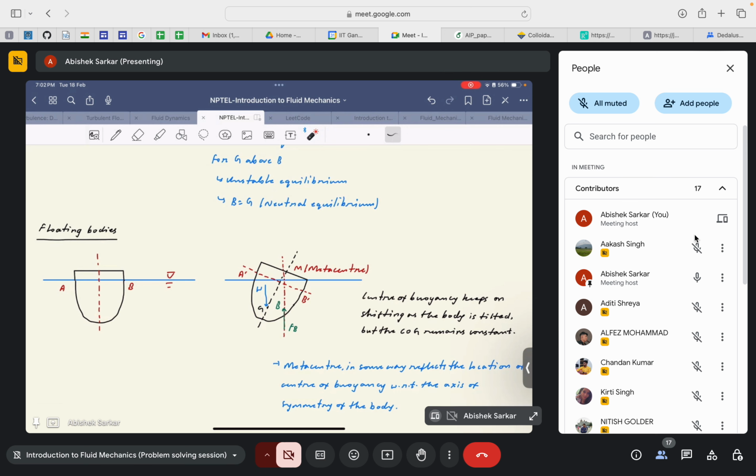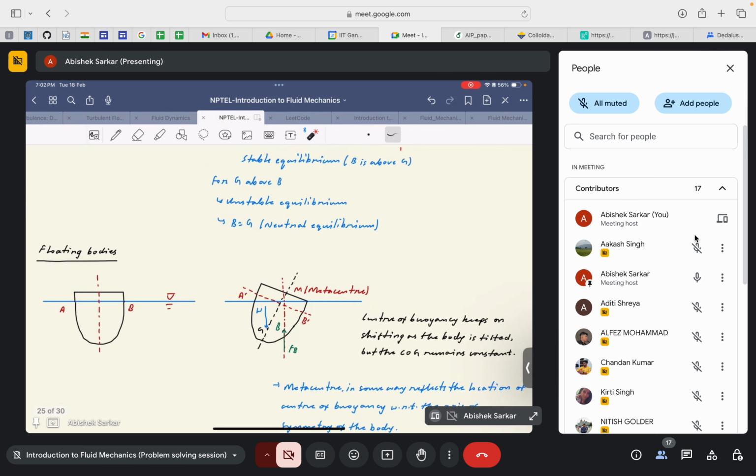But in the case of floating bodies, instead of center of buoyancy, there is another parameter that governs the stability. Floating bodies basically means that a part of the body is submerged in the fluid, that is, partially immersed. So we can consider that body to be floating on the surface of the fluid.